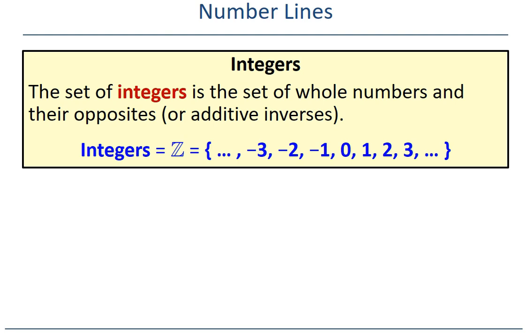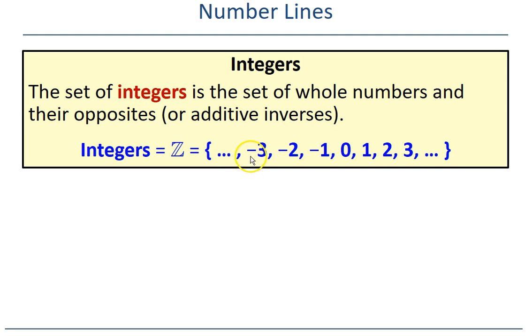Okay, we're going to define on a number line what integers are. And the way they set it up, an integer, and they're using the funny symbol Z here to indicate integers, they're going to start with an ellipsis indicating this is coming from negative infinity here.